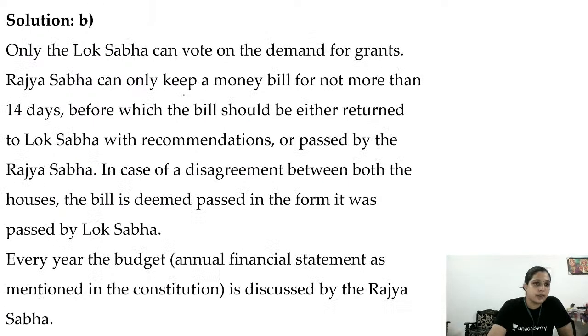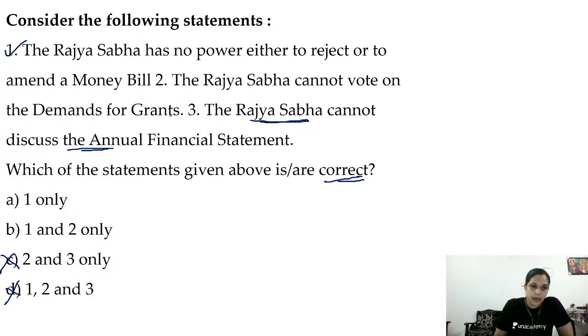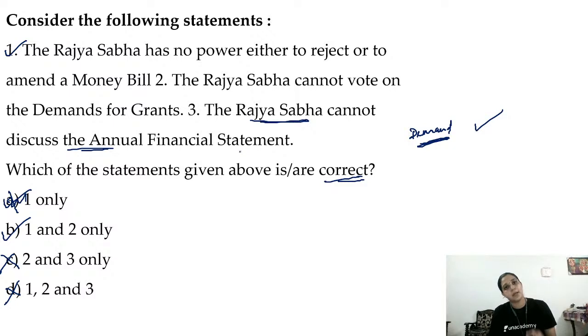So in terms of demand for grants, Rajya Sabha cannot vote, and in terms of money bill, Rajya Sabha can only discuss, they cannot vote. So the answer is 1 only. Sorry, 1 and 2 only. The second statement is right. Clear? They cannot discuss the annual financial statement, which is nothing but the budget. That is completely wrong. Rajya Sabha has the power to discuss everything.